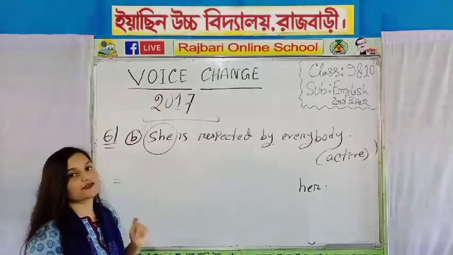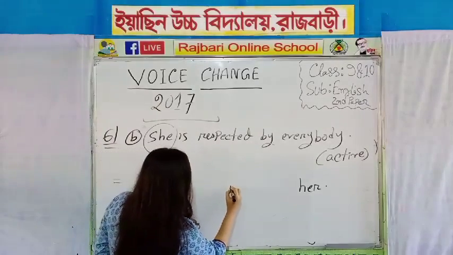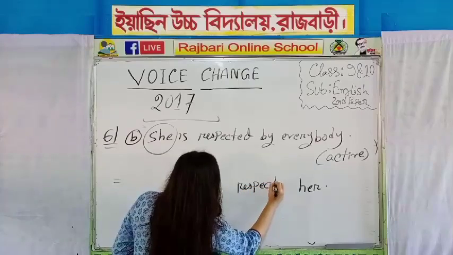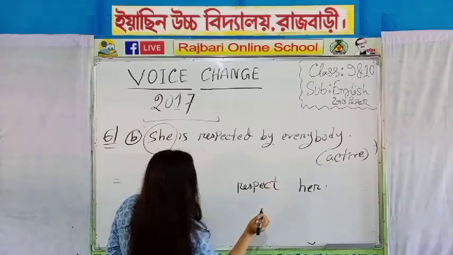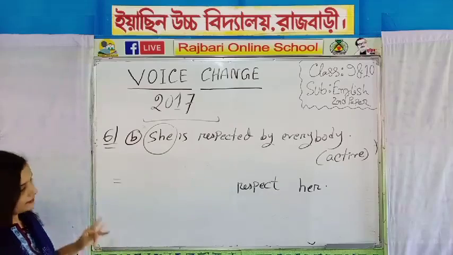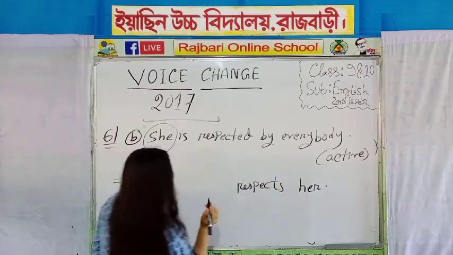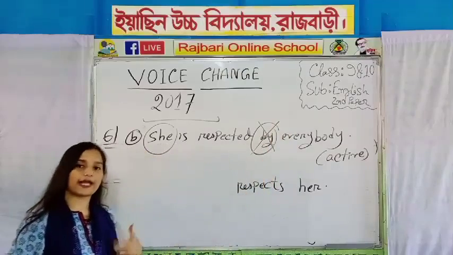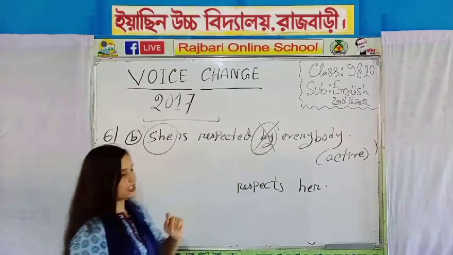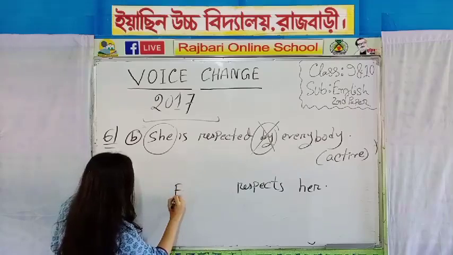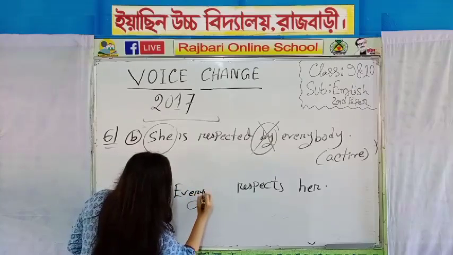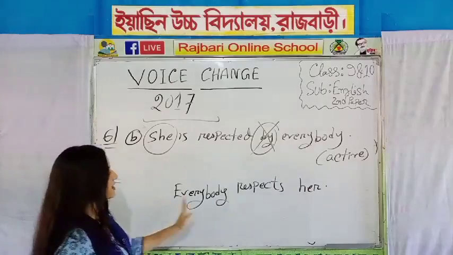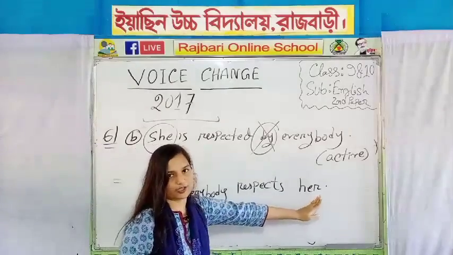So respected will be respects. Okay, respects. Next one, by, don't need here because we want to do active. Everybody is the object here, so make it subject. So, done. Everybody respects her. This is the active voice.